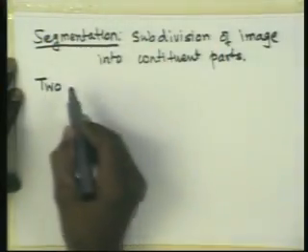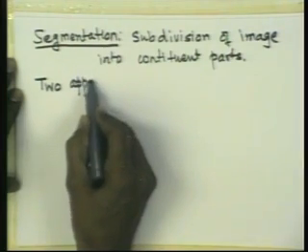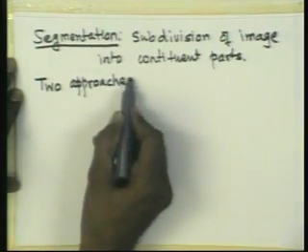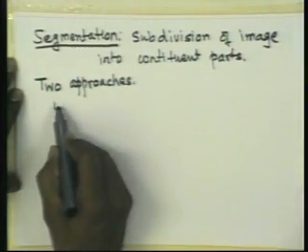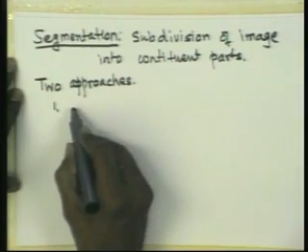So for that we need to first divide the image into subdivisions, which are hopefully corresponding to real differences between object and the background, or objects and different objects. So there are two approaches basically which are used for segmentation. The first approach is basically based on discontinuity.